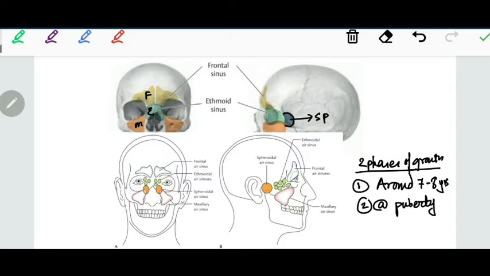It is important to note that all the PNS are present in rudimentary form at birth, except the frontal air sinuses, which are absent at birth and start developing 2 to 3 years after birth.